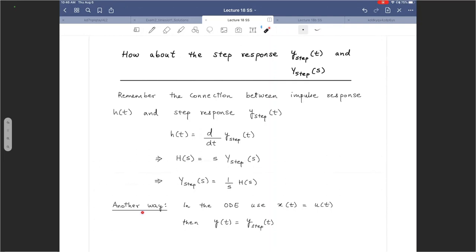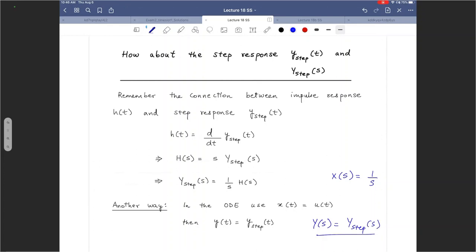Another way of doing this would be to substitute x of t as u of t in the ordinary differential equation. So in your ordinary differential equation, you would put X of s as the Laplace transform of u of t, which is simply 1 over s. And for Y of s, you would substitute the Laplace transform of y step of t, which we are calling y step of s.